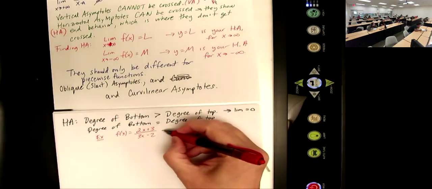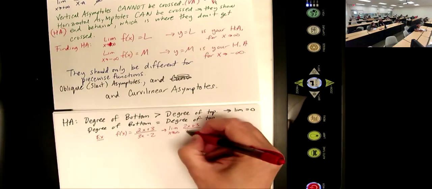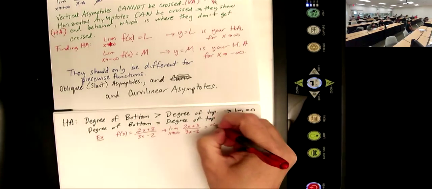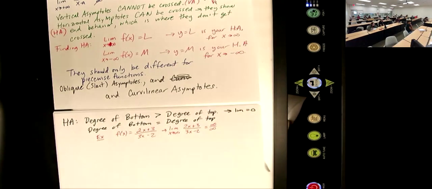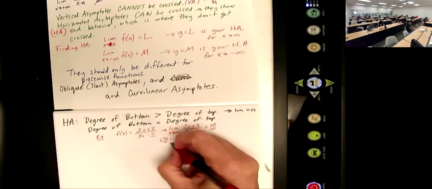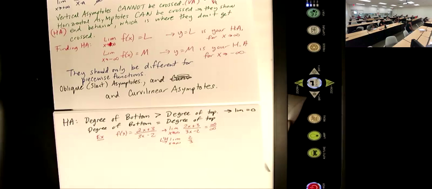If you do the limit here, limit as x goes to infinity, this is a L'Hopital event. And we take the derivative, and you see we get 2 over 3.